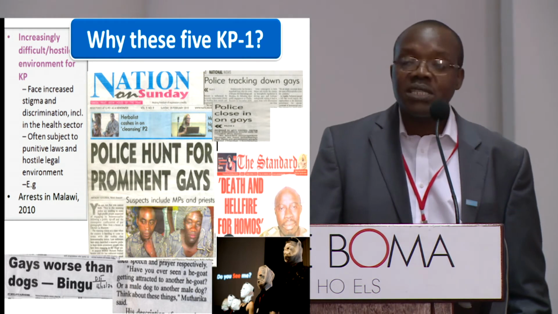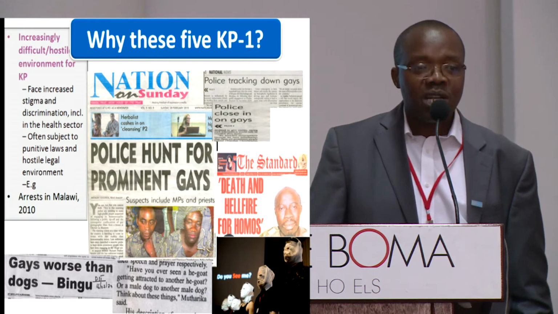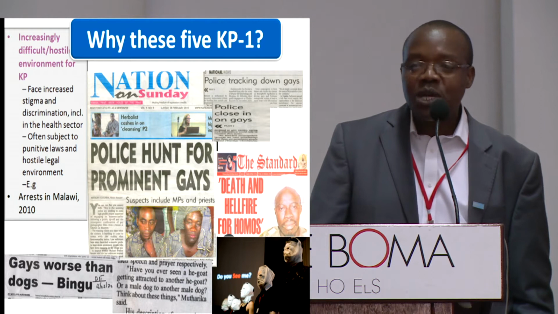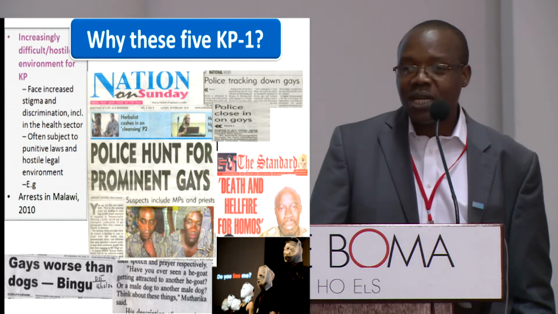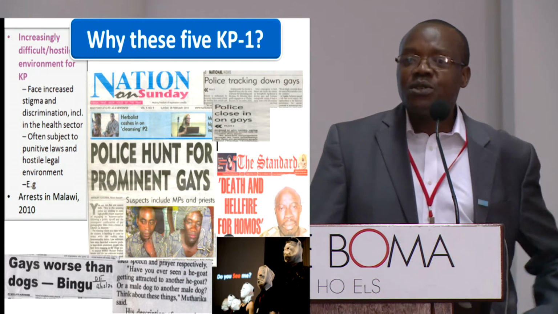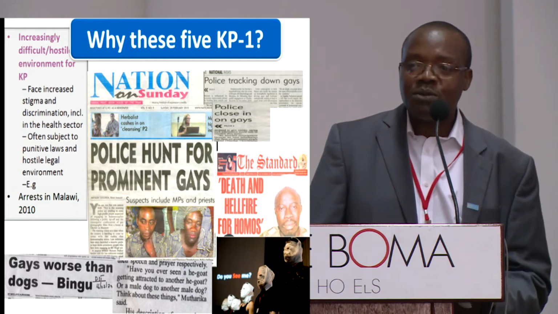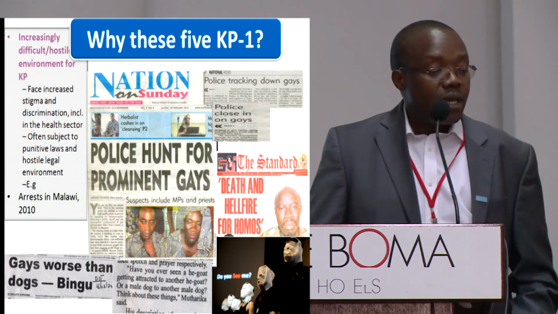And you have seen cases, for example, some of you may recall the Malawi case in 2010. And of course, we have many of those in Cameroon, in Uganda, in Zimbabwe, in Tanzania. So there are a lot of issues in the legal environment when it comes to key populations.